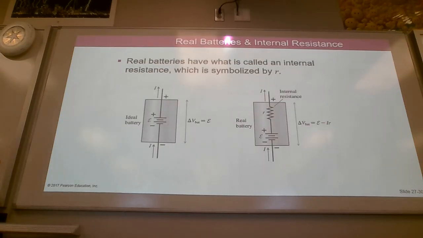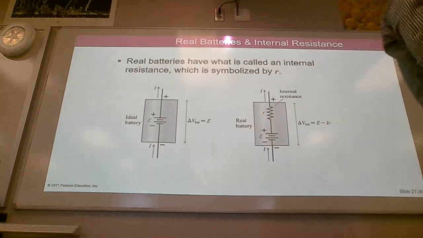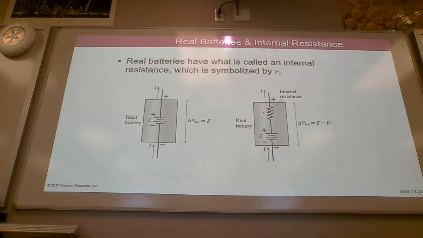Real batteries have resistances. We call it internal resistance. I don't know if you've ever tested batteries with a voltmeter, but usually apart from the circuit they'll say like 1.5 or 1.4, which looks good.